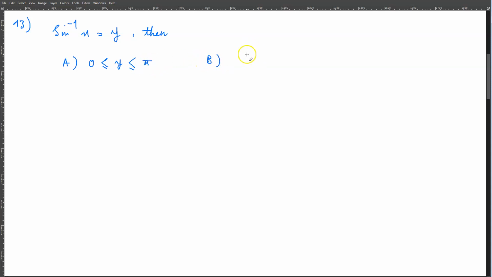B, you have negative pi by 2 is less than or equal to y is less than or equal to pi by 2. C, you have 0 is less than y is less than pi. And D, you have negative pi by 2 is less than y is less than pi by 2. Right?